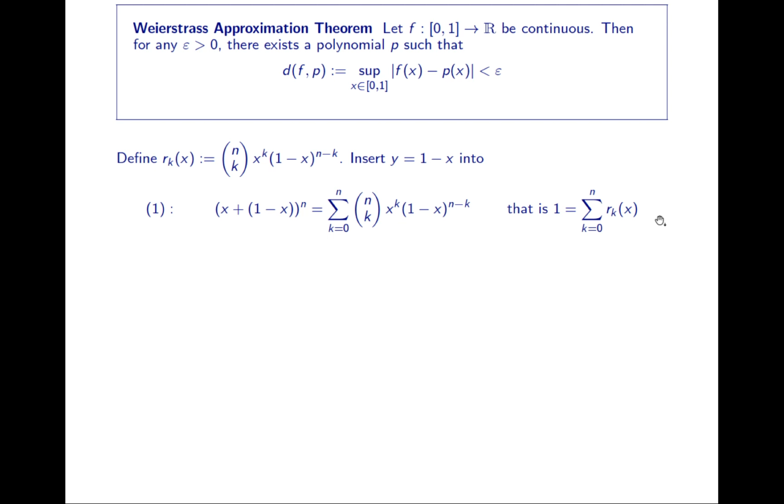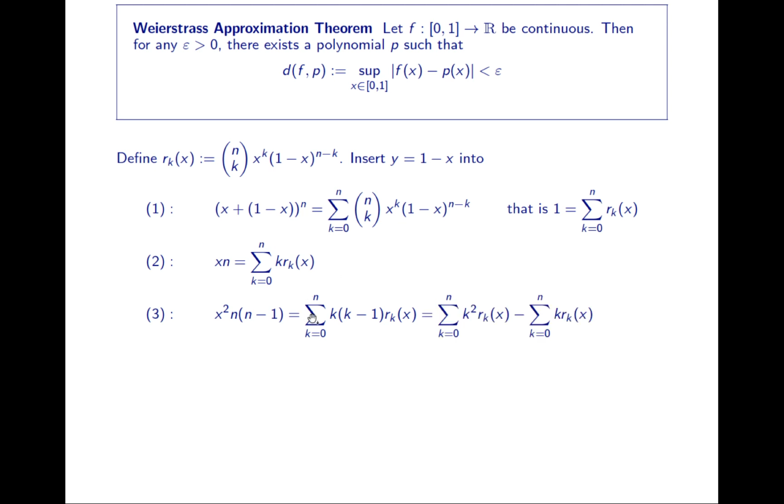Well, that's pretty useful. If I also insert y equals 1 minus x into expression 2, I get that x times n is the sum from k equals 0 to n of k times r_k of x. And if I insert y equals 1 minus x into expression 3, I get x squared times n times n minus 1 equals the sum of k times k minus 1 times r_k.